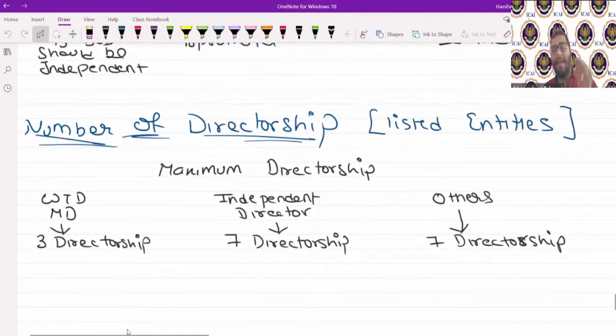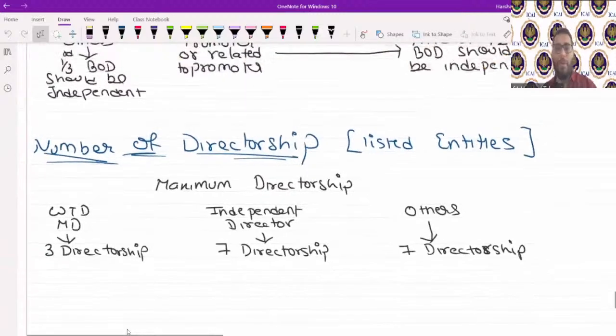There's a logic behind each and every section. There's a logic behind each and every regulation. Let's say, for example, the number of directorships. If a person becomes an independent director at more than 7 companies, then it may happen that he's not able to devote his time to so many companies. So for example, if I am an independent director in 100 companies, is it possible for me to be present in the meeting of each and every one of those 100 companies, to participate in their decision making?